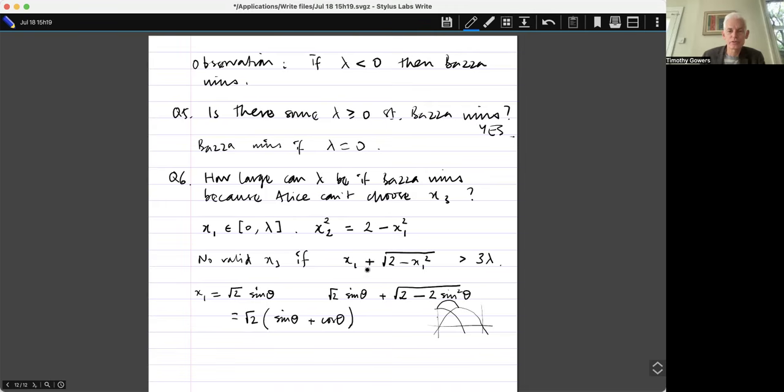But in any case, this number here is at least root 2.